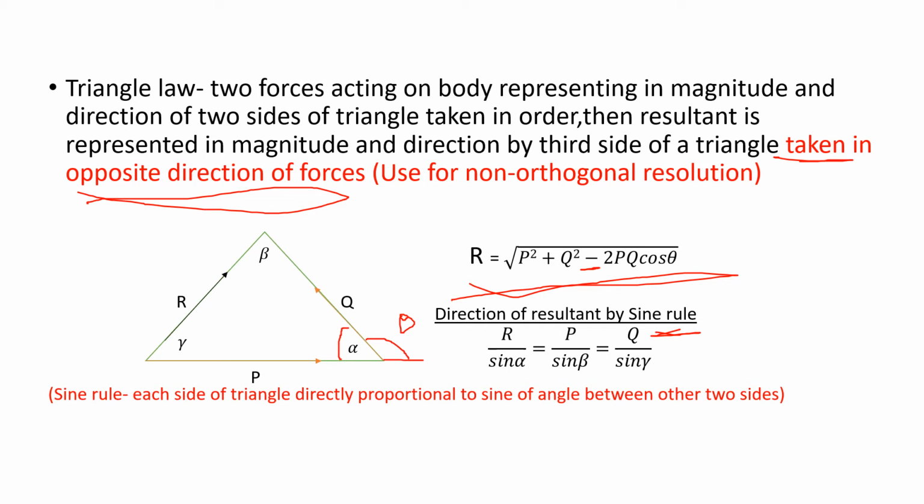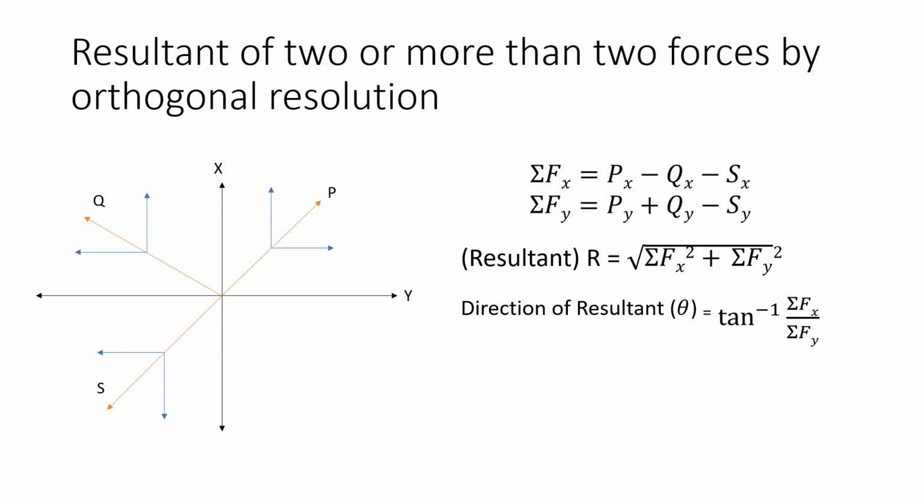Let us erase. Resultant of two or more than two forces by orthogonal resolution. Let us see, this is our first quadrant, this is our second, this is third. Our forces are P, Q, and S. Let's consider that three forces are acting in each quadrant.